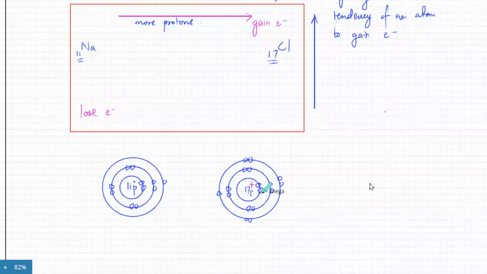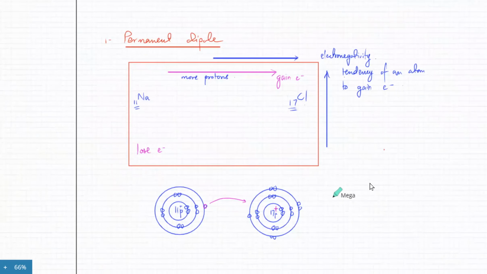The nucleus is a lot more positively charged. So the electrons of sodium, this one over here specifically, gets pulled towards chlorine. So the idea is that the atoms on the right side are the ones that really like to gain electrons. Okay, is this point clear? Yes.